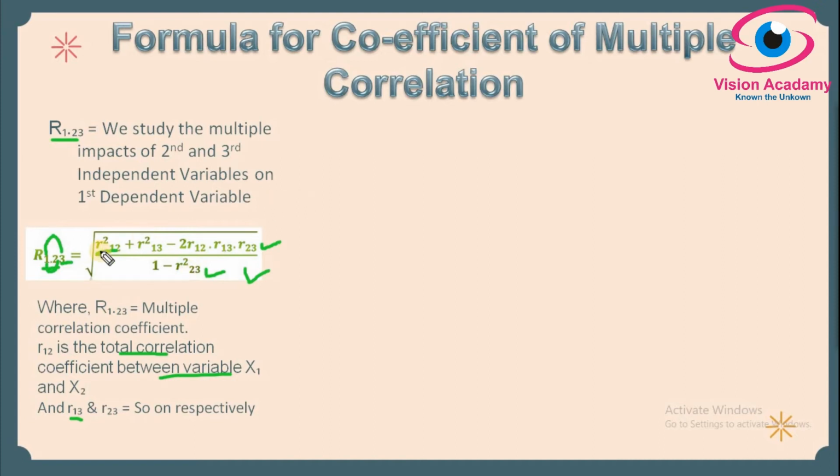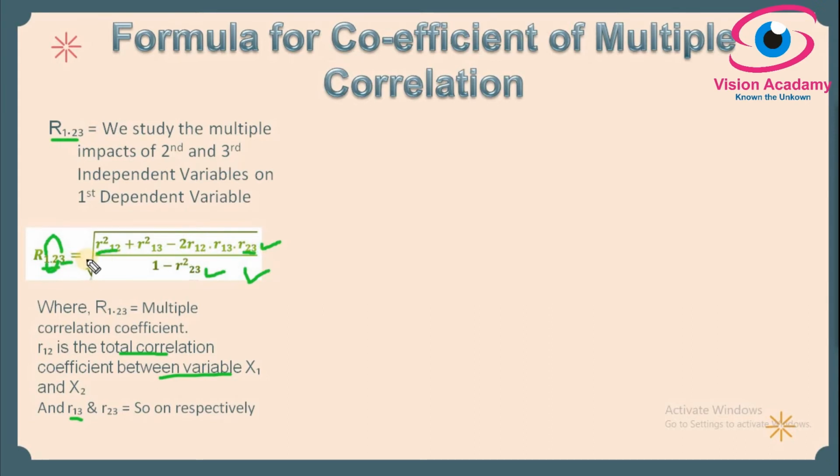In R square 12 and R square 13 we consider one dependent variable and one independent variable. You can take them vice versa: firstly you can take R13, thereafter R12. It does not matter. So R square 12 means one dependent variable and one independent variable, plus R square 13 means the dependent variable and the other remaining independent variable, minus the same R12 and R13, which is multiplied by R23.